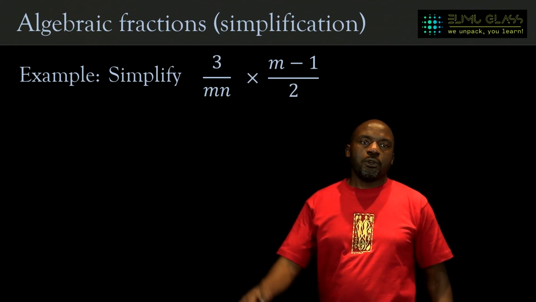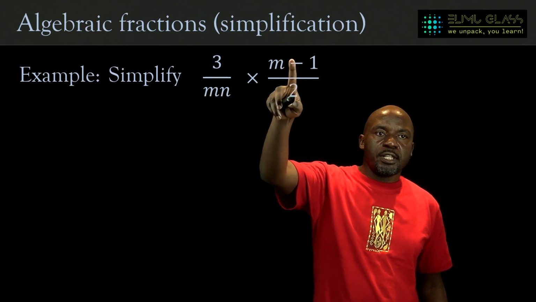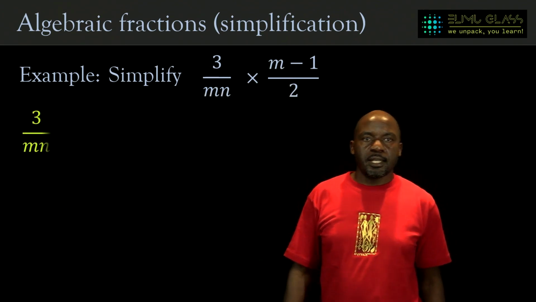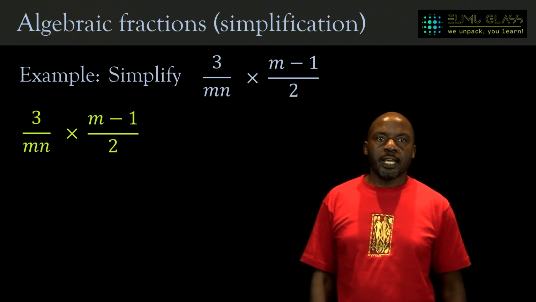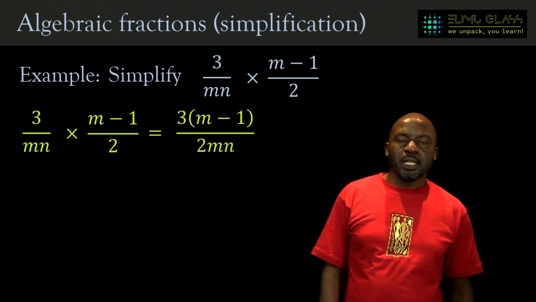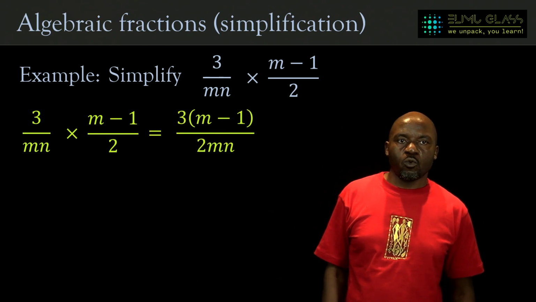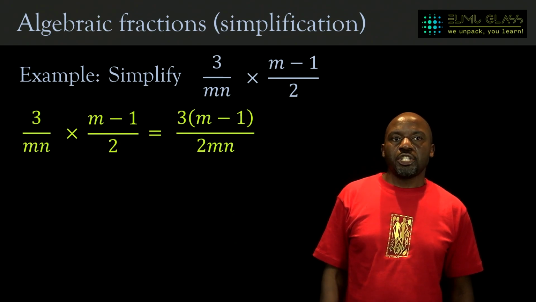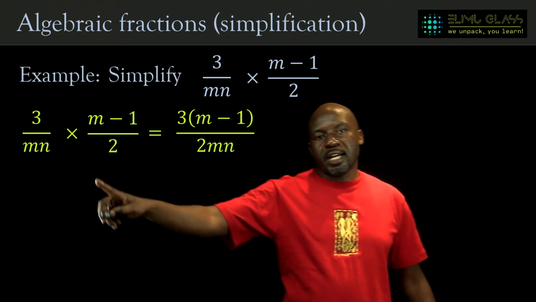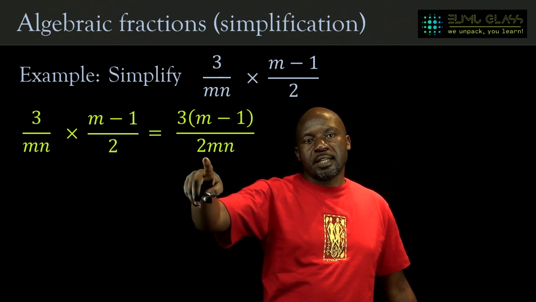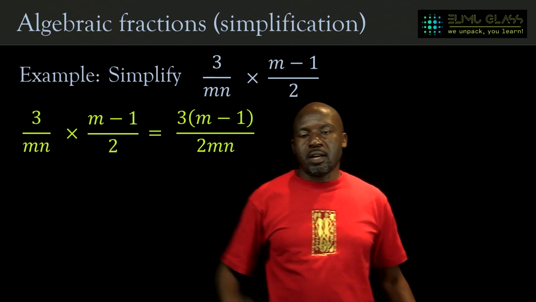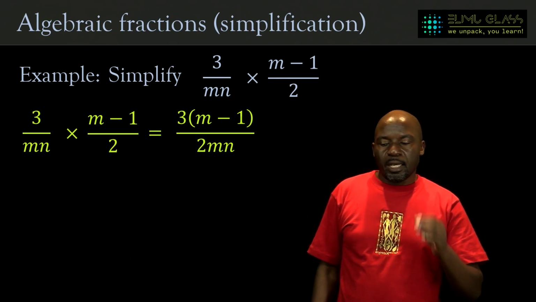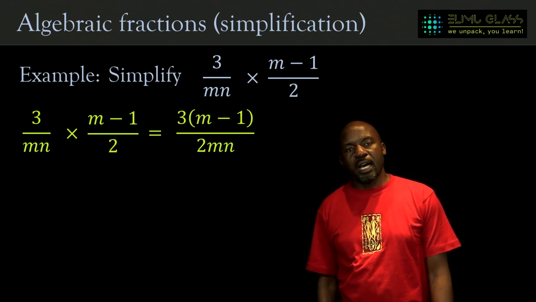So what we do here is just multiply the numerators and multiply the denominators like this. That becomes 3 into m minus 1 divided by 2 times m times n. Notice that when we write this, the number comes first and the letters are also expressed in the order that they are in the alphabet.